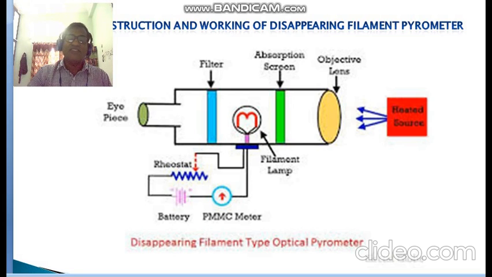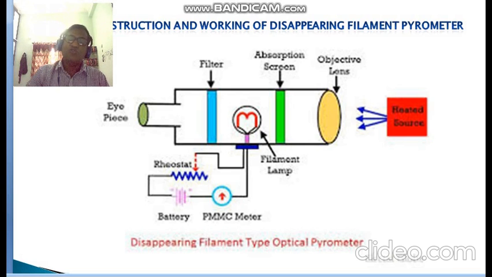The distance between the eyepiece and the objective lens can be adjusted by using a rack and pinion arrangement above the telescope. The heat source is placed at a certain distance to observe the thermal radiation coming from the source.